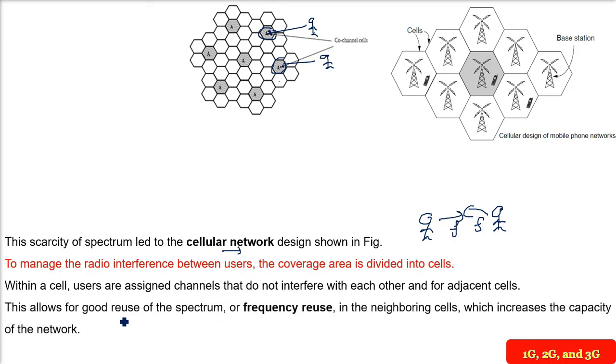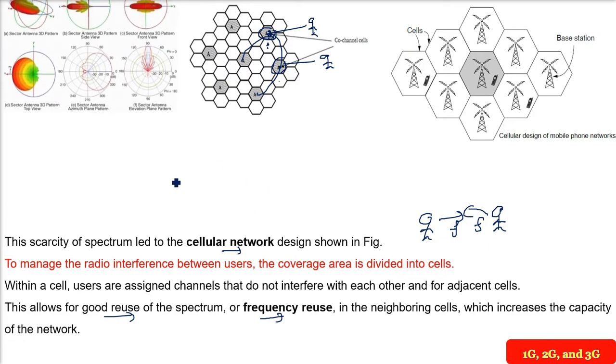So this way of reusing, or the cellular network dividing into cells, resulted in frequency reuse in the neighboring cells. And this is how the capacity of the network with the same frequency was increased. So this is the latest arrangement which we use. Frequency reuse is a very important aspect in cellular networks.